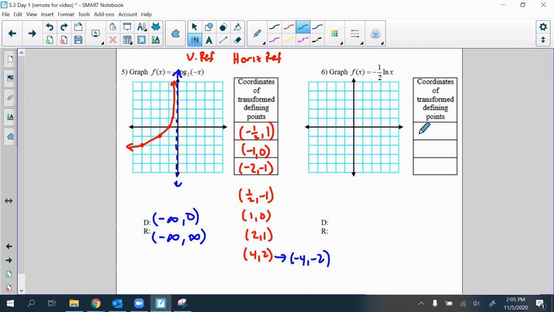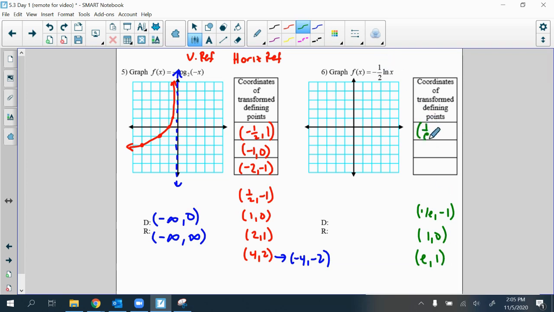F of x equals -1/2 natural log of x. So my original points are (1/e, -1), (1, 0), and (e, 1). So what happens is all of my y values get multiplied by -1/2.